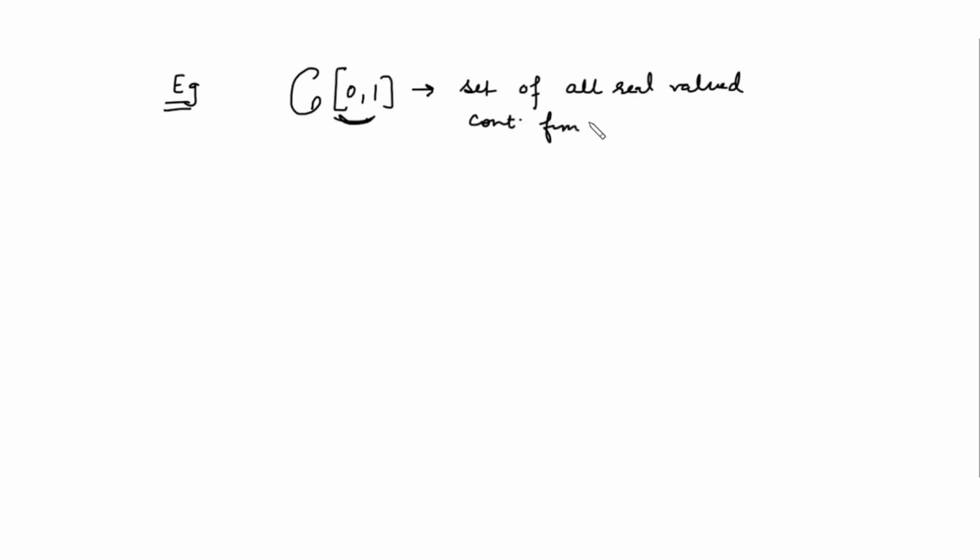More examples. Let's suppose we have a collection of real valued functions which are continuous and defined on the interval [0, 1]. This symbol C[0, 1] represents the set of all real valued continuous functions defined on the interval [0, 1].